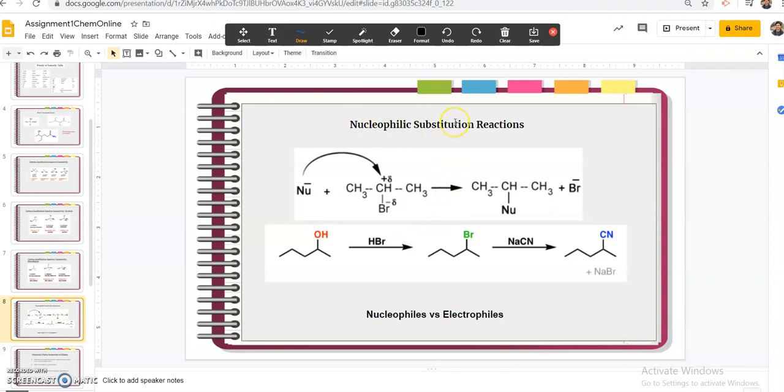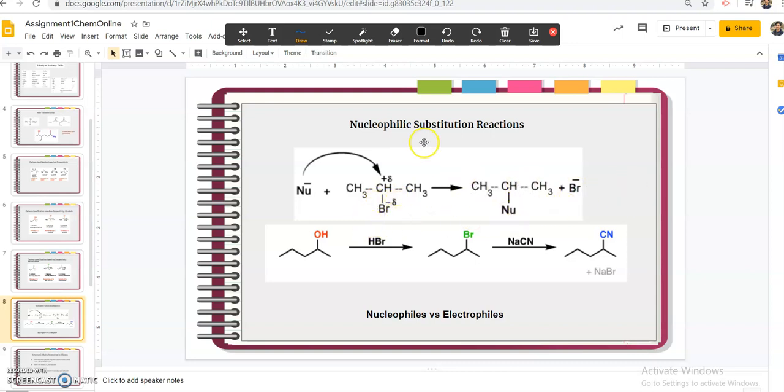We'll cover a reaction called nucleophilic substitution, where you'll have a nucleophile, which is nucleus loving, the positive charge loving group, attacking an organic compound with a halogen or a hydroxy group coming out. In the product, the nucleophile gets attached to the carbon, and the Br or the OH group is removed.